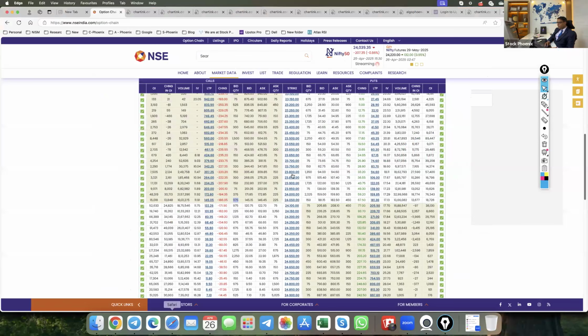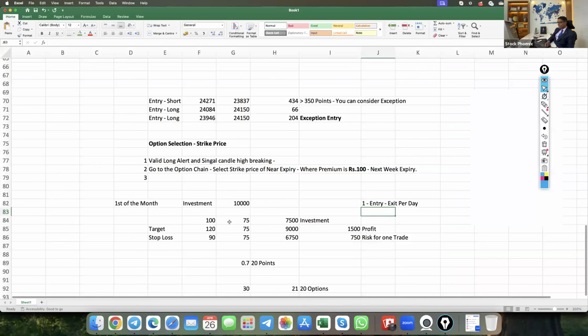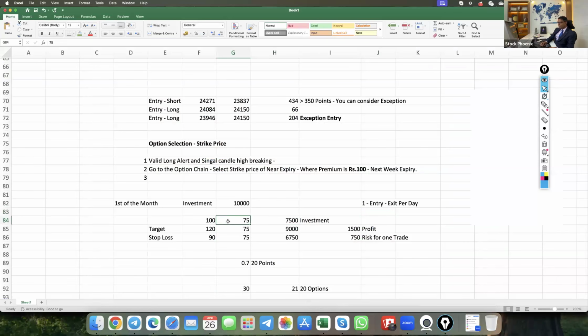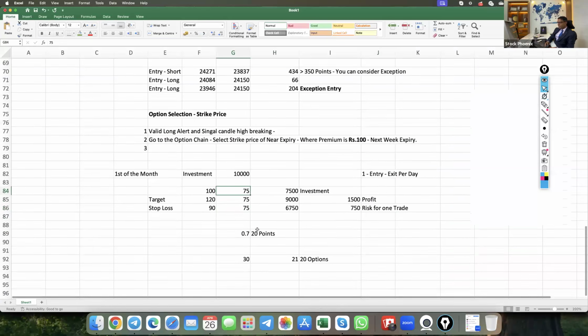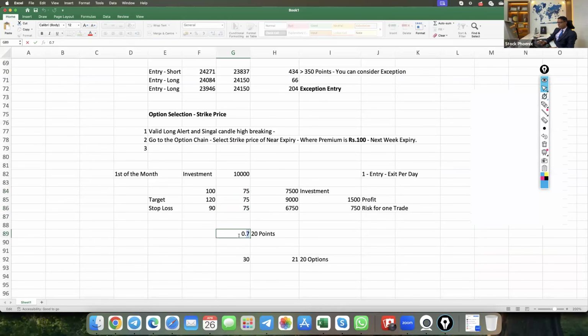So roughly the strike is around 23,800. We'll keep it as 0.6 itself. For this example, we'll take it as 0.6. So now we need around 35 points. 35 points, we can keep it up.